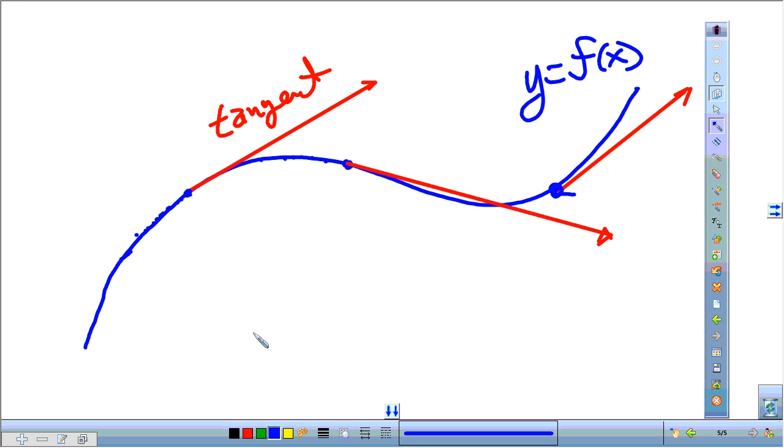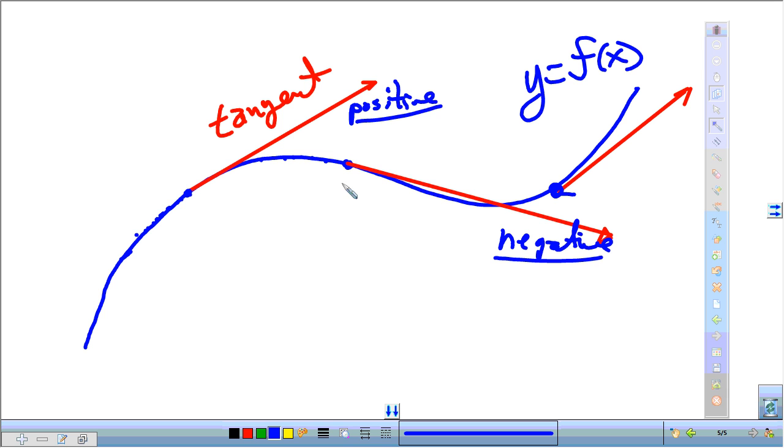Now, relative to up and down, we probably say this is positive, and here it's negative. So sometimes, according to this path, we're going positive up or negative down.